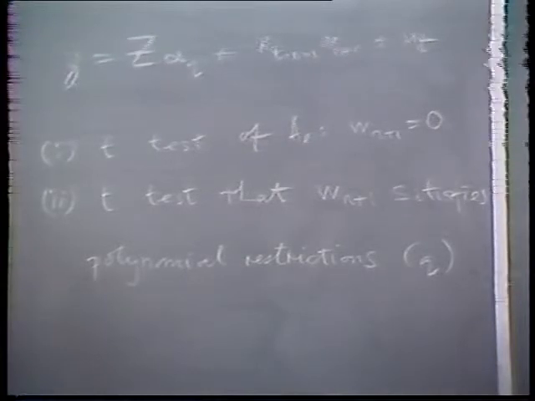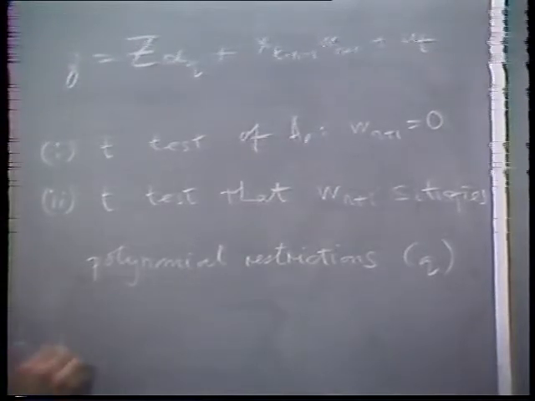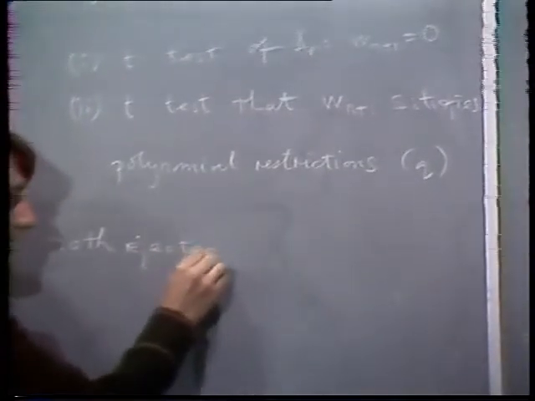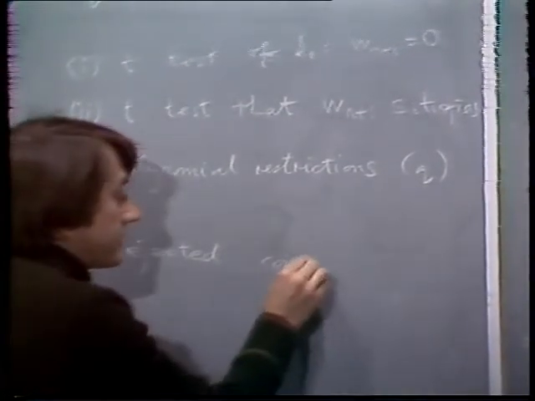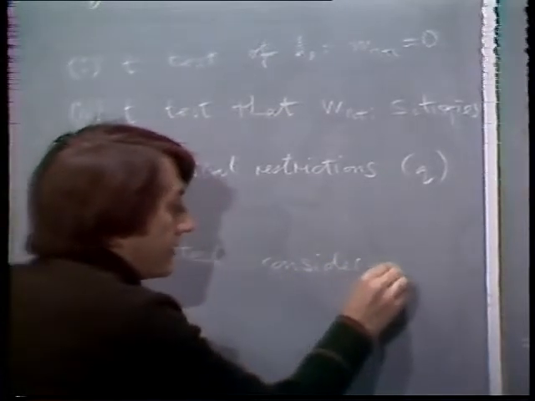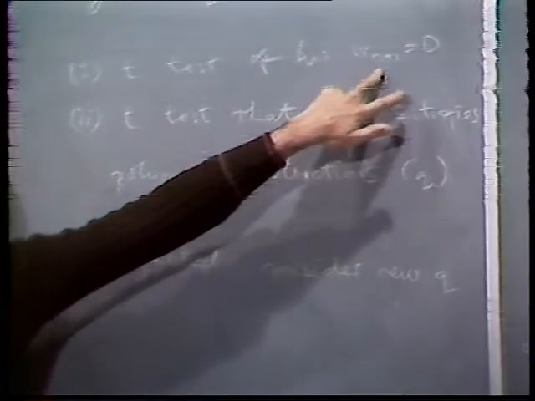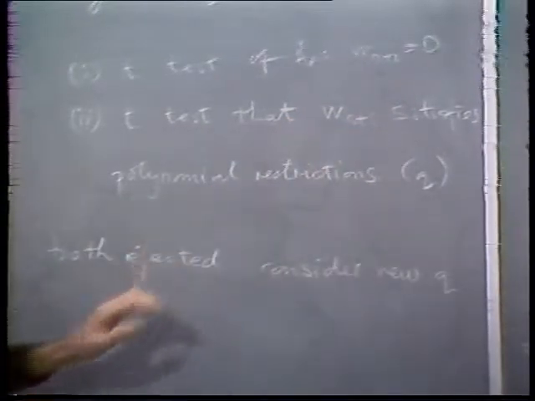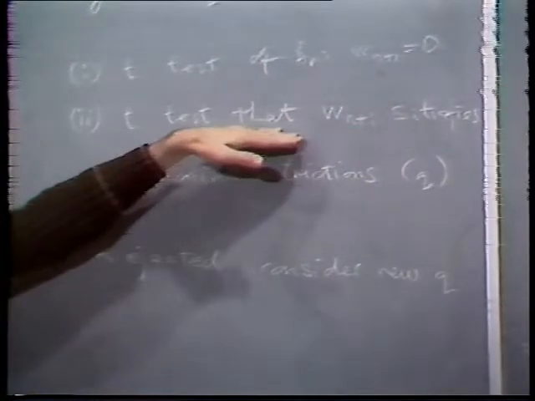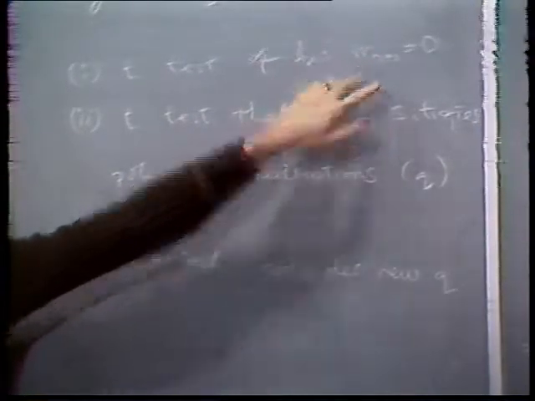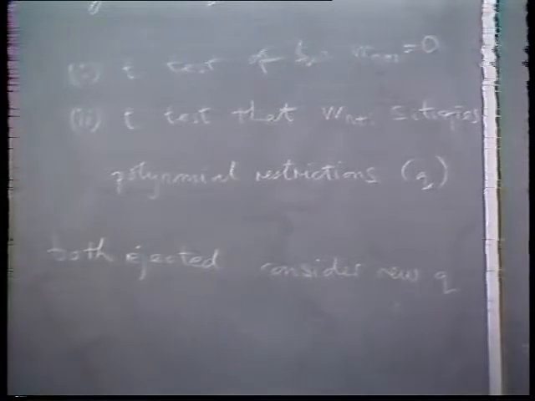And in particular, if both are rejected, we ought to consider new values for q. Because the first test, by being rejected, is saying that we do need n plus 1 lags, but the polynomial that we've got isn't such that that n plus 1 lag lies on it, so we have to consider completely new specifications.